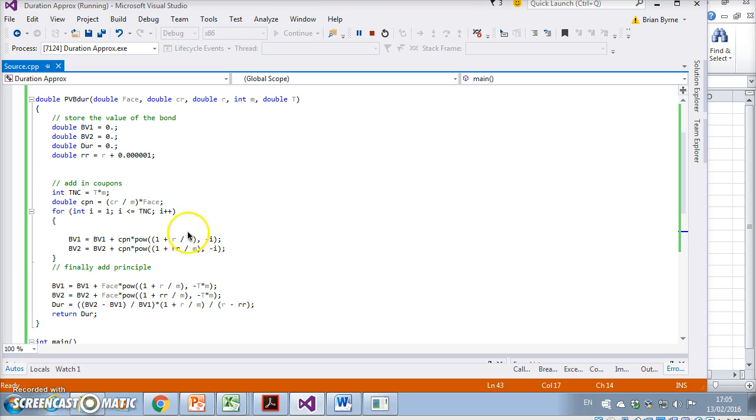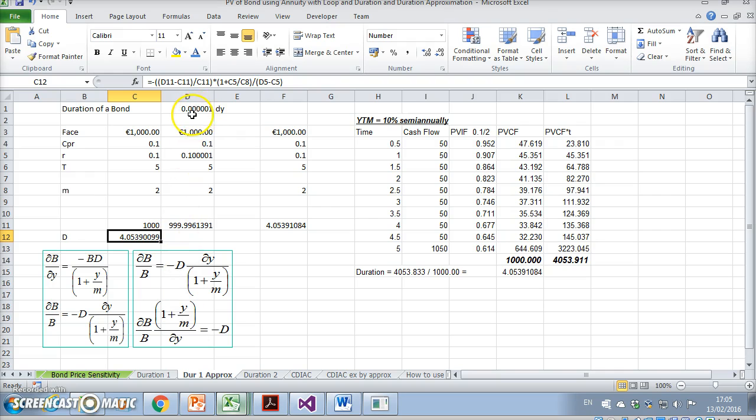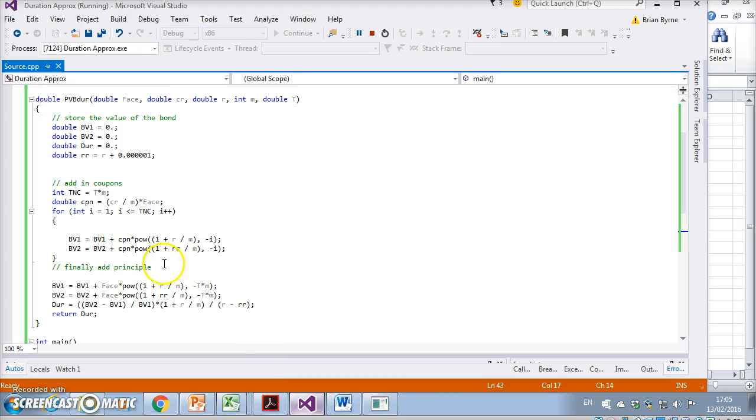And RR is the same as R, but I've added on 1, 2, 3, 4, 5. So 0 point, and then 5 zeros and 1, which is the same as here, 1, 2, 3, 4, 5. And I get that figure here for this estimation.